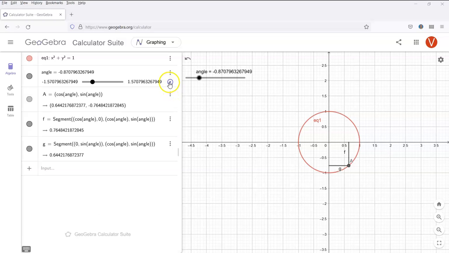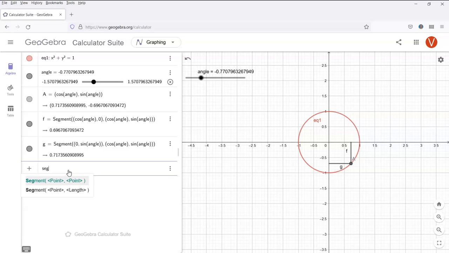Now if we ask it to play, let's draw the segment from the origin to the point A. So segment 0 comma 0, let's put one more bracket, that 0 comma 0 is a point.